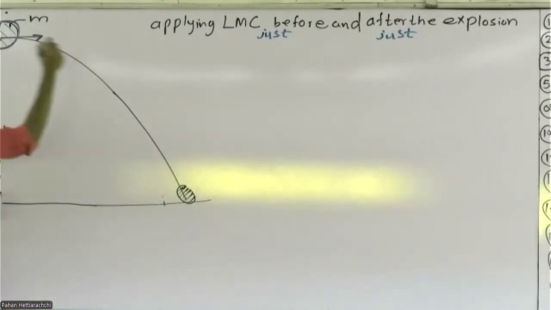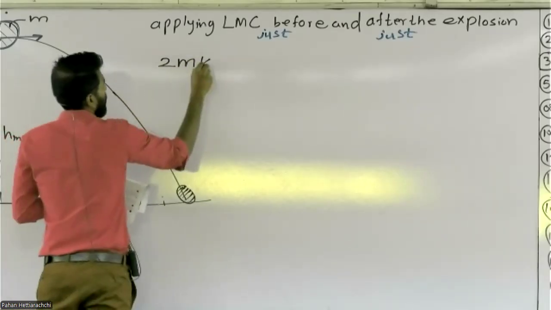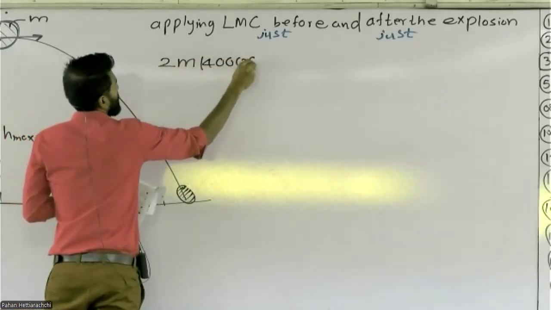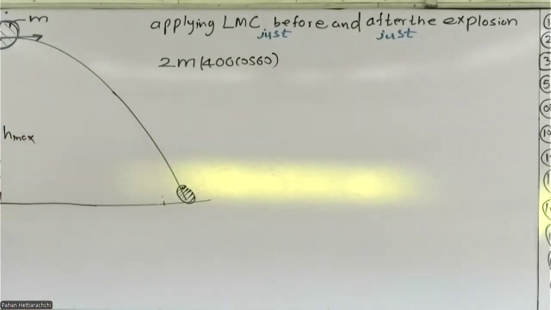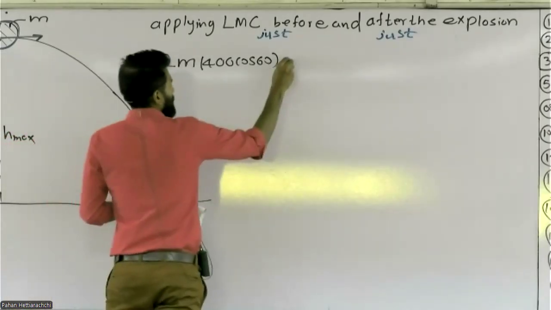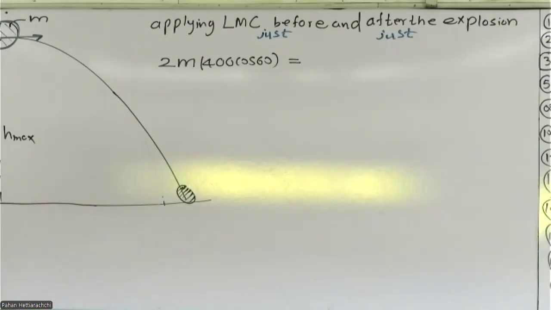Just before the explosion, mass was 2m. Velocity was 400 cos 60. Why? The horizontal velocity will not change. At the beginning, horizontal velocity is 400 cos 60, and it won't change as this is a projectile. So, 2m into 400 cos 60 is the momentum just before the explosion at the highest point.